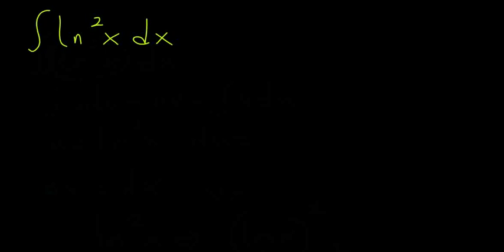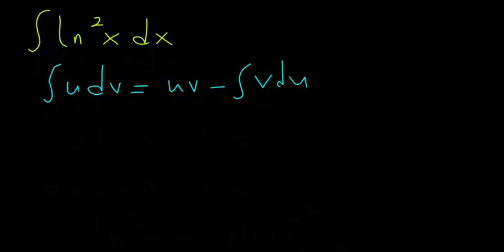And so let me write down the formula for integration by parts. If we have the integral of u dv, this is going to be uv minus the integral of v du. So that is the formula for integration by parts.